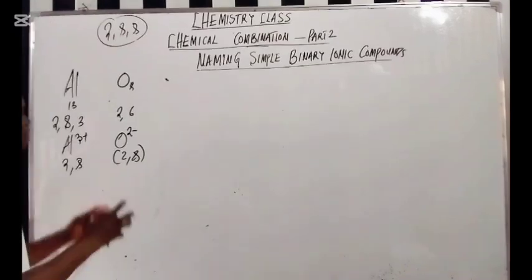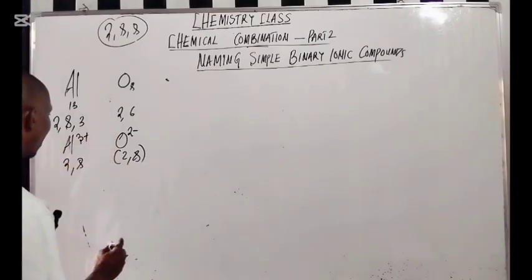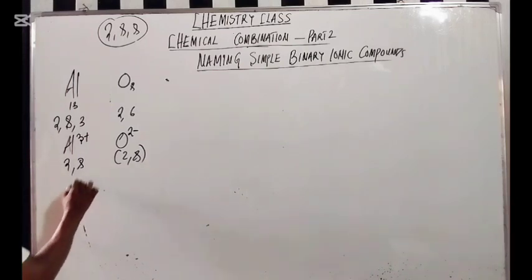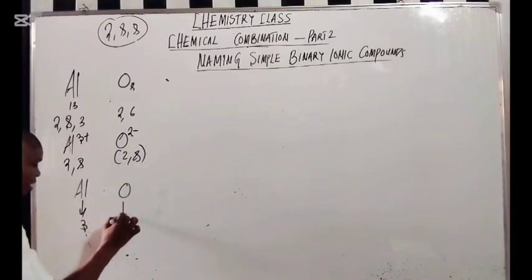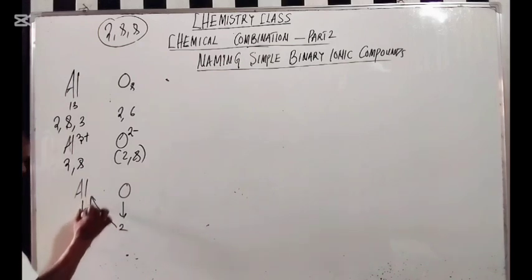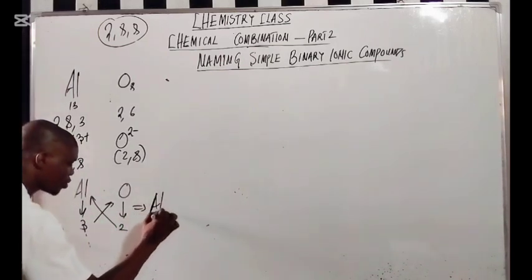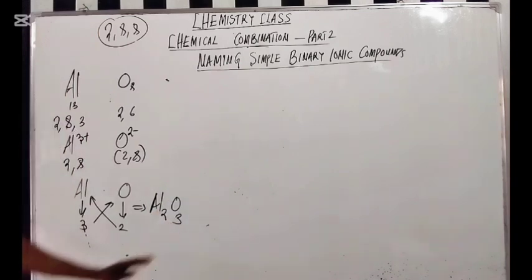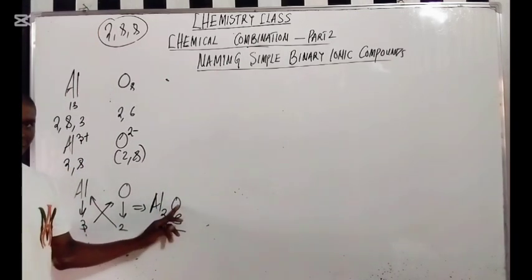So how do you now combine them to get the chemical formula? It's very easy. So it's going to be Al with 3, O with 2. This guy will move here, and this guy will move here, right? What are you going to get? You're going to get Al2O3. Okay, this is the chemical formula between aluminium and oxygen.